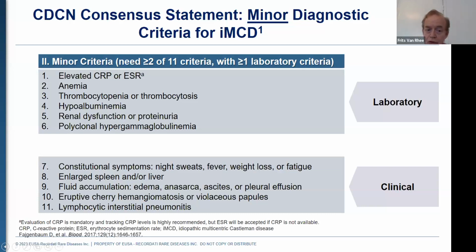Then there's an enlarged liver and spleen, and fluid accumulation. Some of these patients have these eruptive cherry-red hemangiomata, and there are 2 features that one only sees in the oriental population. These are skin infiltration with purplish papules, comprised of plasma cells, and also lymphocytic interstitial pneumonia, which only seems to occur in oriental patients.